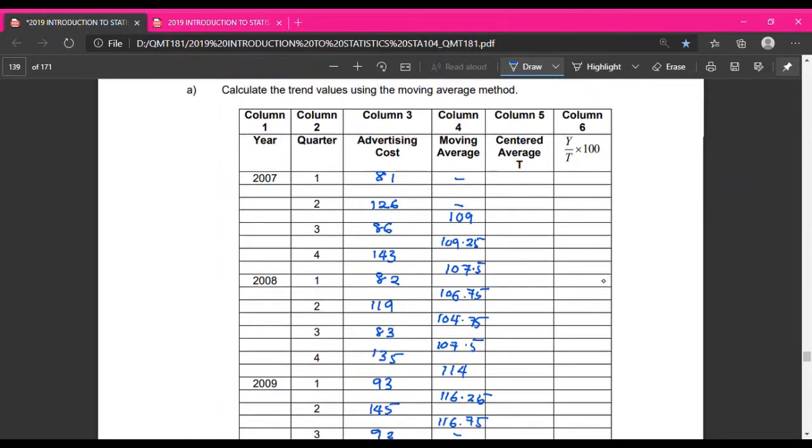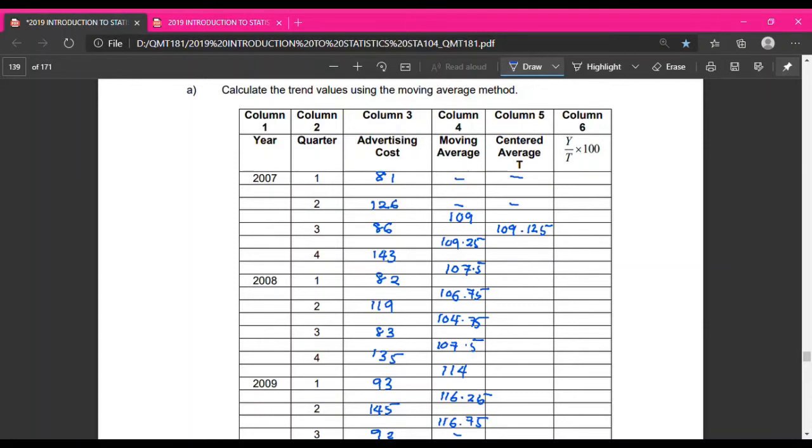Next, the second moving average. Add 2 and divide by 2, so we will get the value here, the trend for the third quarter. So 109 plus 109.25 divided by 2, you will get 109.125. We take 3 or 4 decimal places to have an accurate answer.